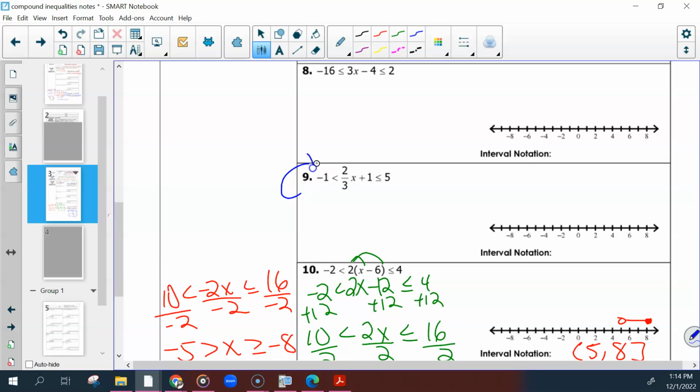For this one, it's written in the and format, and that's on the and page. But that's how you know it's going to be and, so we're going to solve it all together. Subtract 1 from everything. How would I get rid of that fraction?